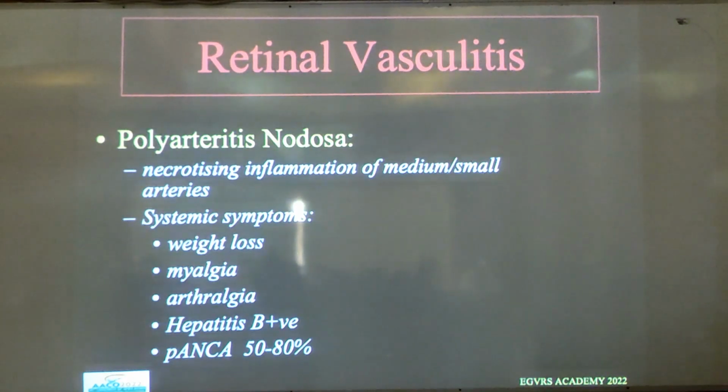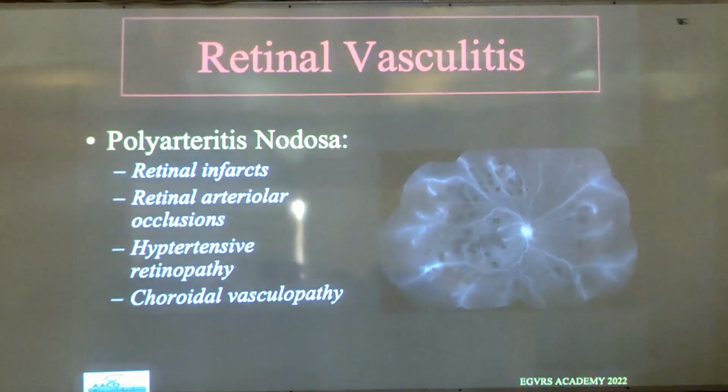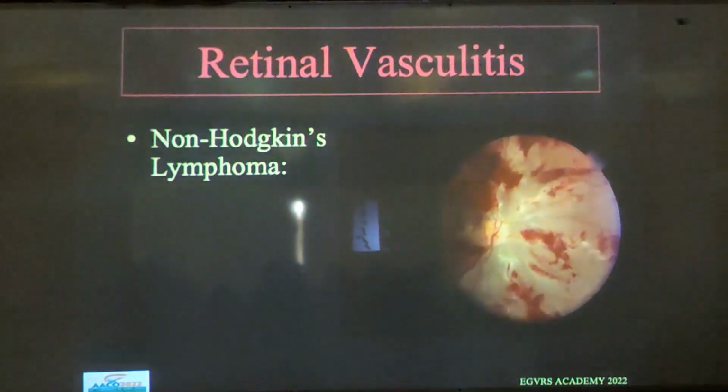P-ANCA is positive with the other systemic features. So this is the typical picture of polyarteritis nodosa: retinal infarcts, arterial occlusions, hypertensive retinopathy, because many of those patients sometimes develop renal complications with hypertension, and the characteristic choroidal vasculopathy, which is an integral part of the polyarteritis nodosa problems in the eye.